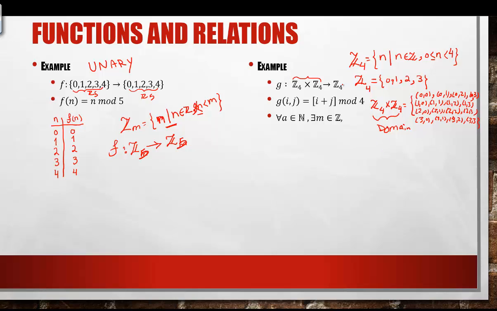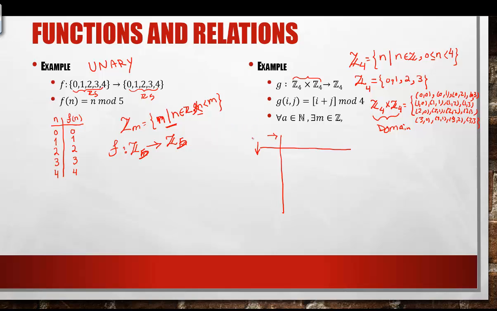And then of course my range is going to be Z sub 4, which is 0, 1, 2, and 3. Now to visualize how it actually looks, since I have a binary function, I have two values for my domain. So it's a cross product.